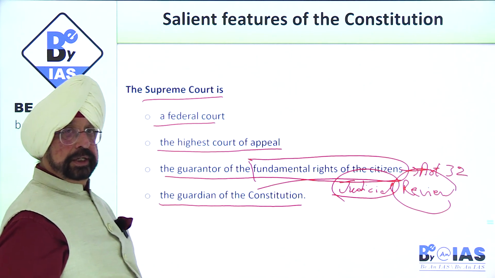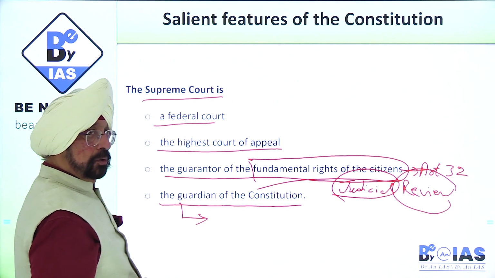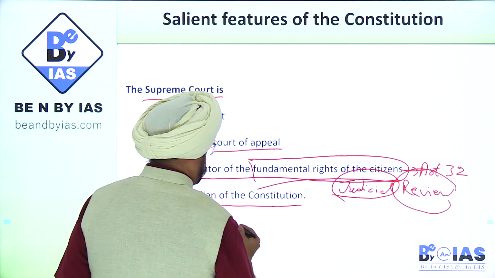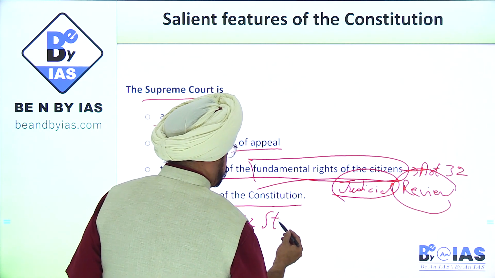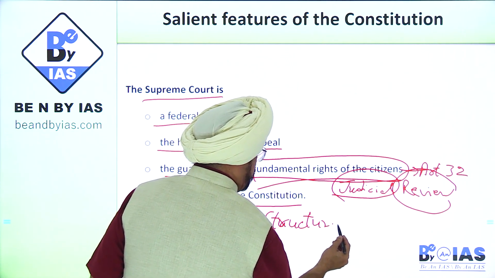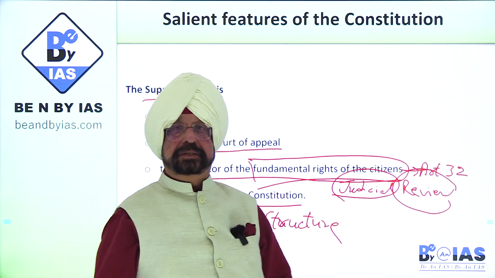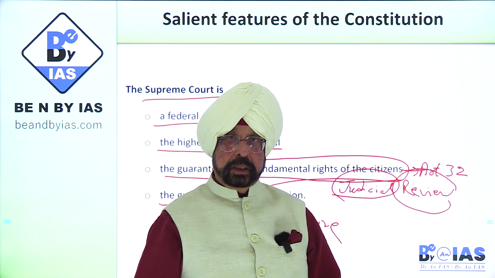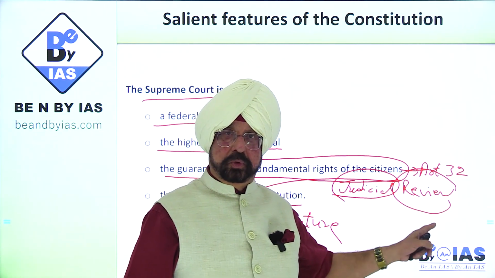Guardian of the Constitution is, after Keshwanand Bharti case, as I said, that any part of the Constitution can be amended, but subject to what? Basic structure doctrine. So that means if the Parliament decides to change the fundamental or the basic structure of the Constitution and passes such an amendment or a law, that can be struck down by the judiciary, the Supreme Court.